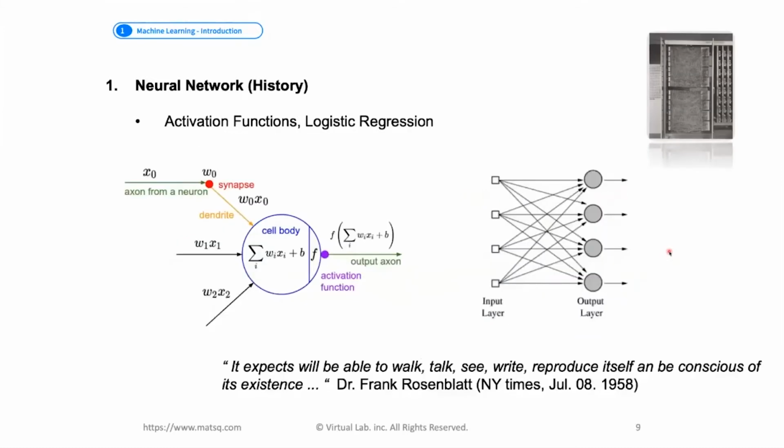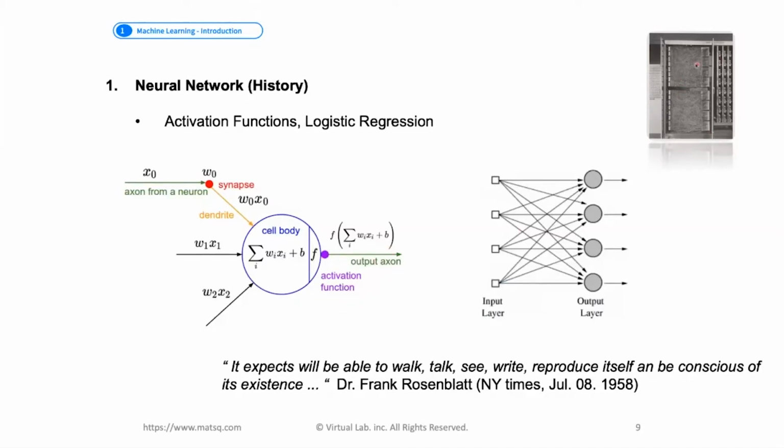The neural network I mentioned in the previous slide describes neurons in the human brain. The input signal comes from here, and the output signal goes out here, through the synapse or dendrite and cell body. This machine was the first neural network machine. This figure shows the very first neural network, which connects input and output nodes by wires.